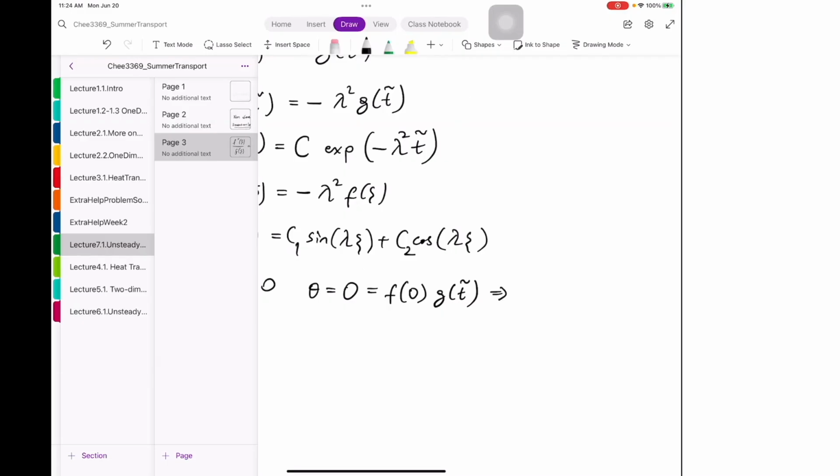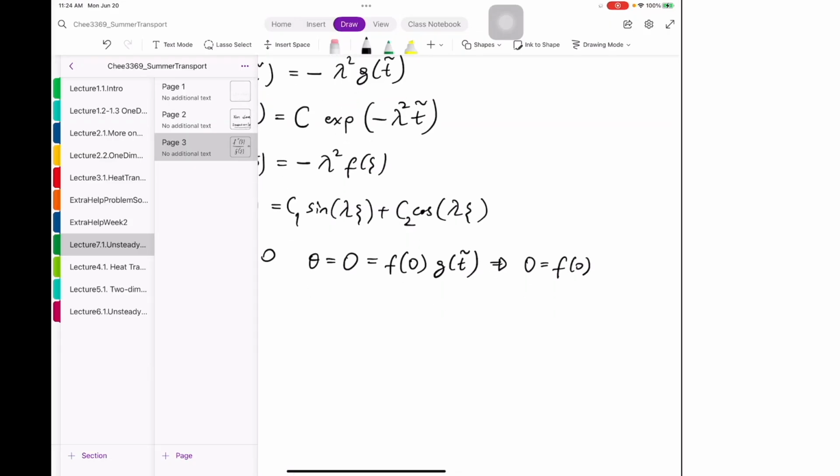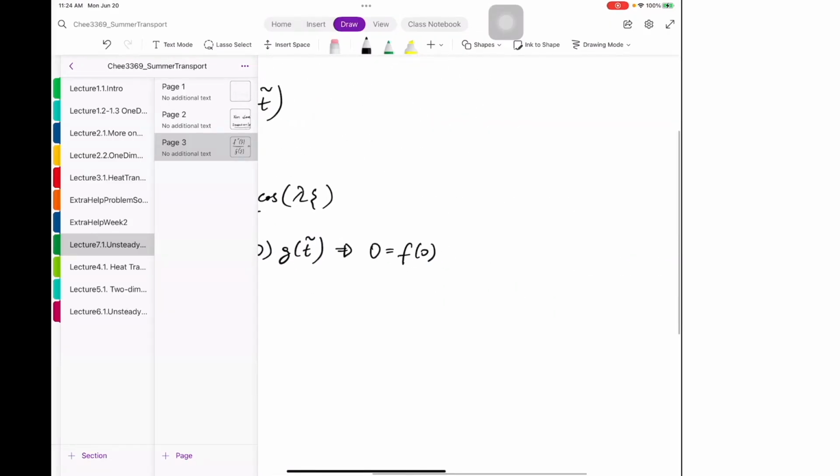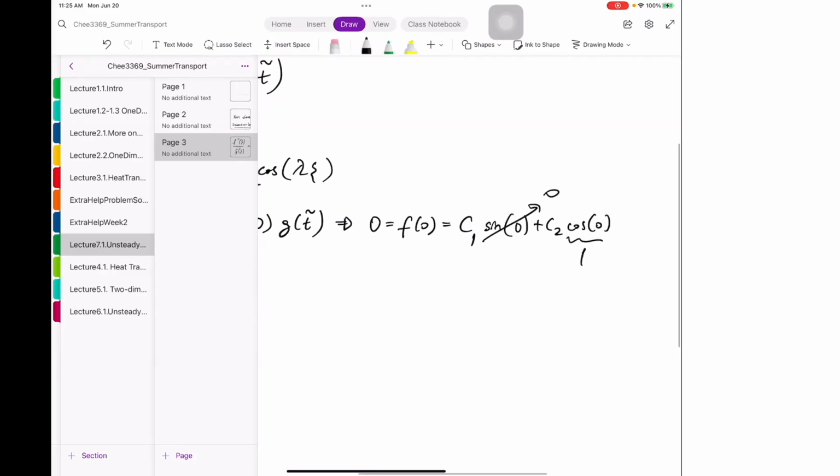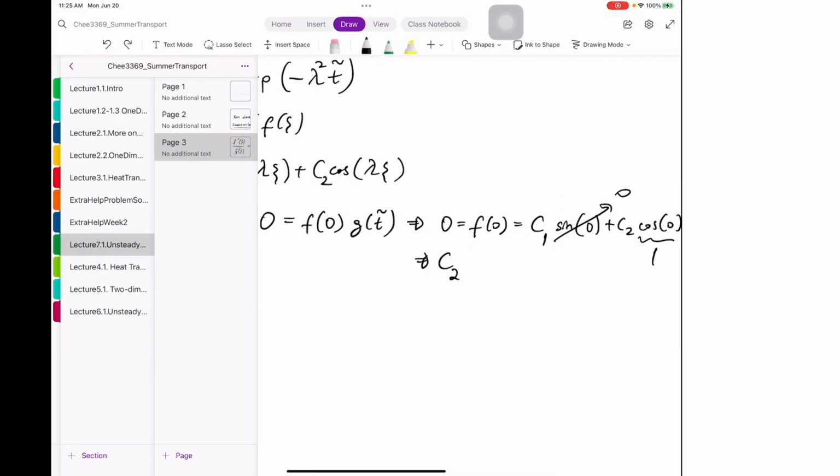From here, f of 0 must be 0, right? We find that C1 sine 0 plus C2 cosine 0. This is 1. This is 0. So we get C2 is equal to 0.